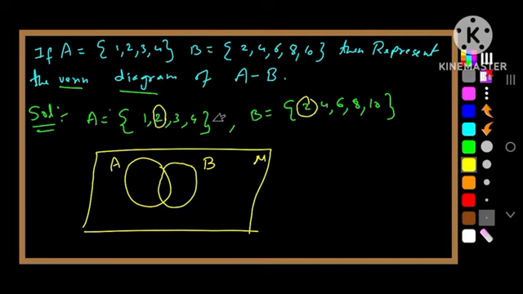So 2 will come here as well as 4 will come here. So here in the middle you will write 2 and 4.